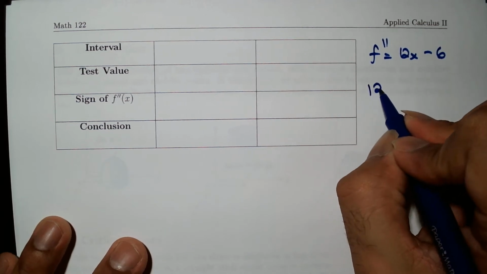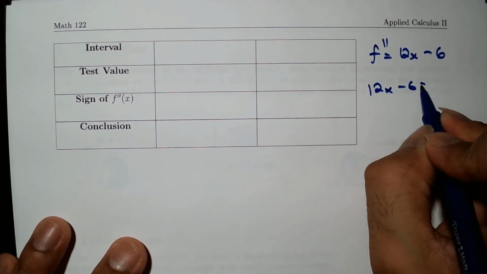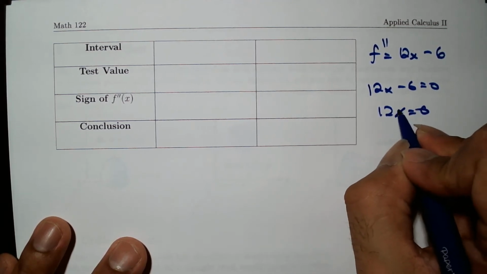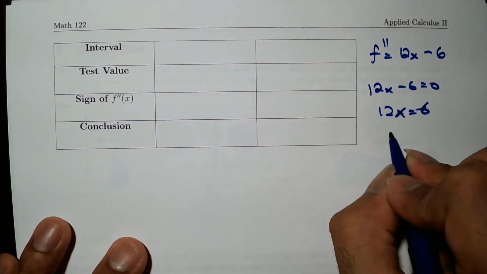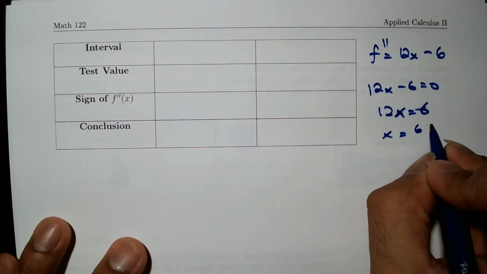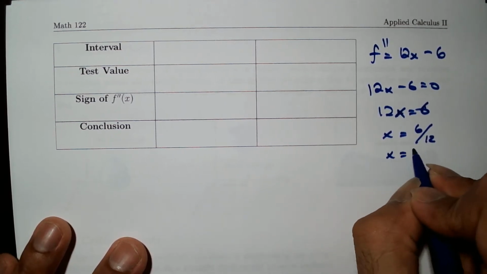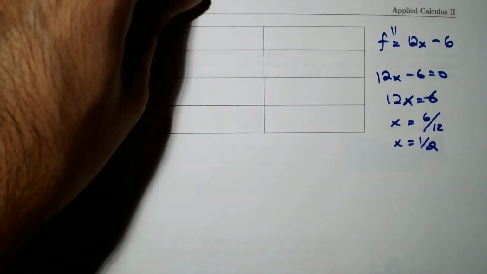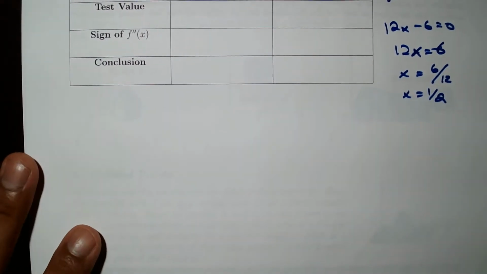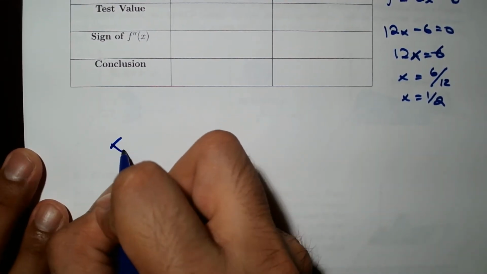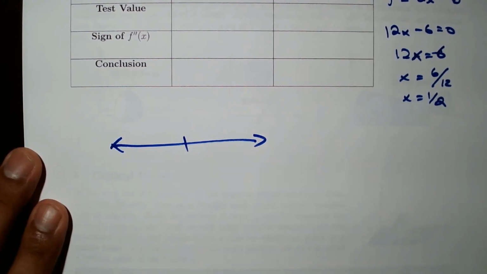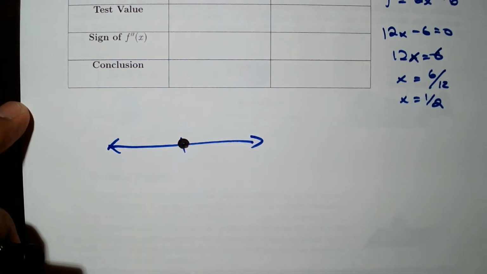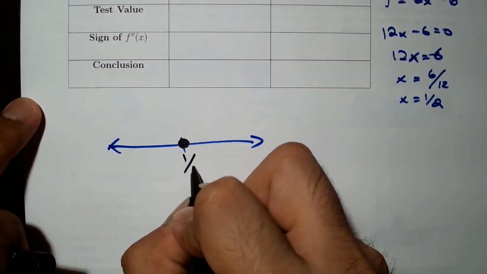So I'm going to set the second derivative equal to 0 and solve for x. So x equals 6 over 12, x equals 1/2. That's going to be our critical number. We are going to slice and dice again our number line, with our critical number 1/2.